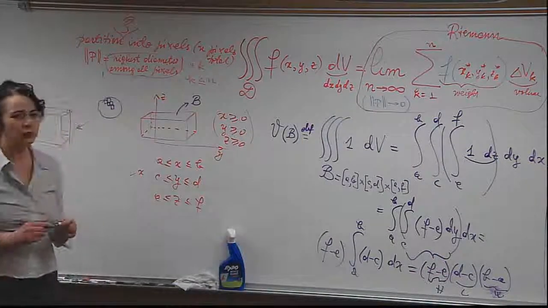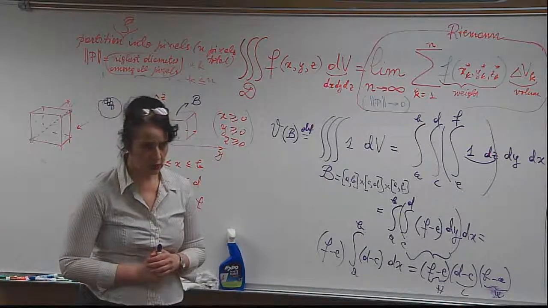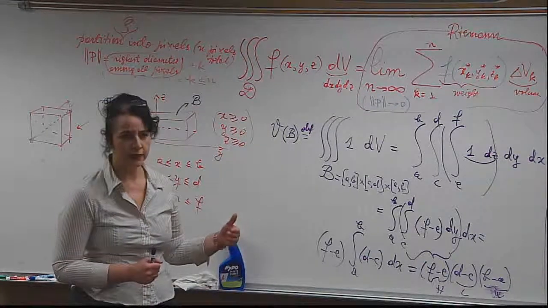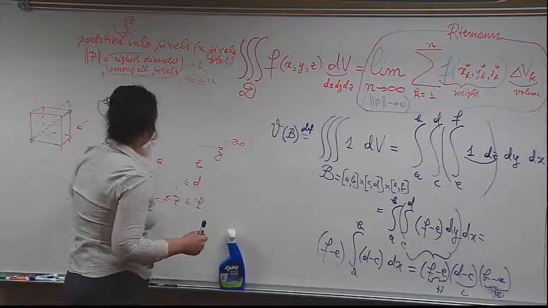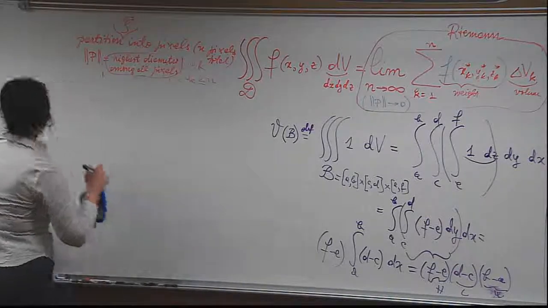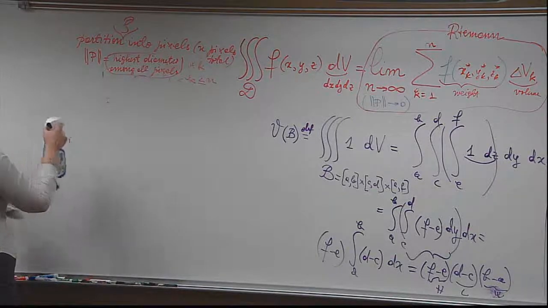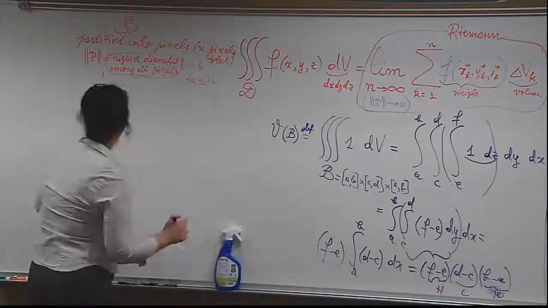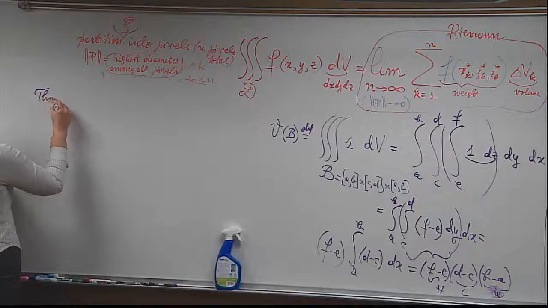All right, how could I have done it if I were a little bit smarter? I have a theorem, just like before, which says 3 integrals in a product. This is what Matt immediately remembered. We had 2 integrals in a product last time. So what we proved in double integrals remains valid in triple integrals if we have something like that. So I'm going to say theorem, it's in the book, you have a proof.